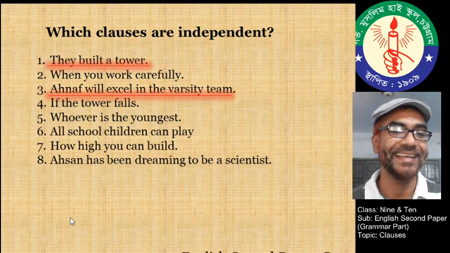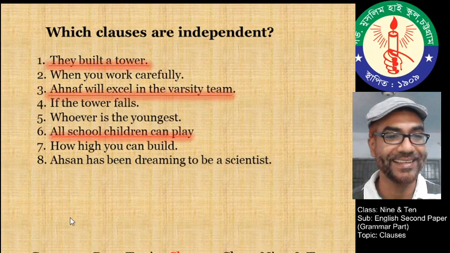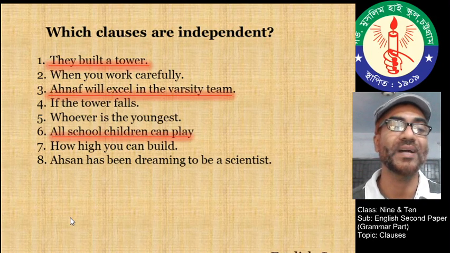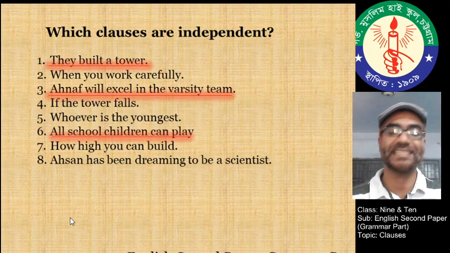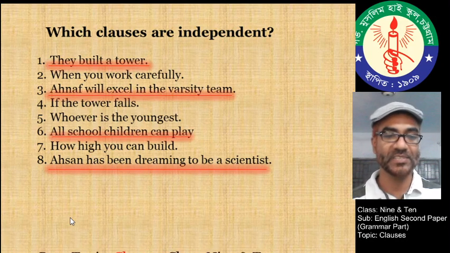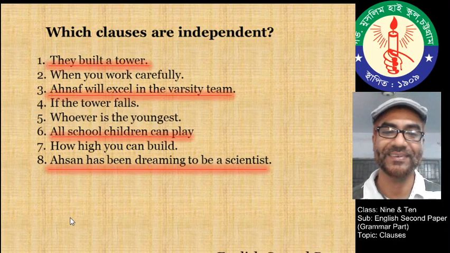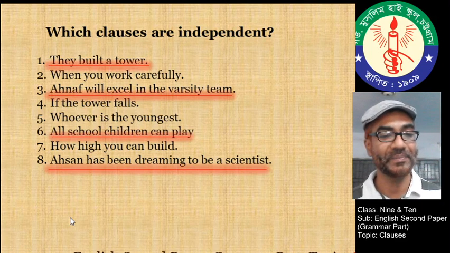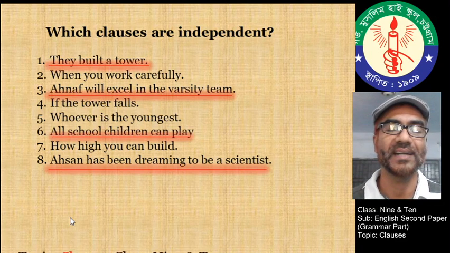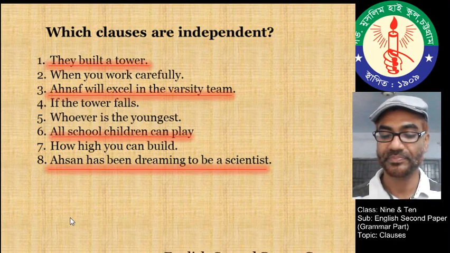So it's an independent clause. Next one, all school children can play. This one is also an independent clause because this group of words can express the meaning by itself. And next one, Hassan has been dreaming to be a scientist. This one is also an independent clause because you see the subject-verb combination, and this group of words can express the meaning by itself.